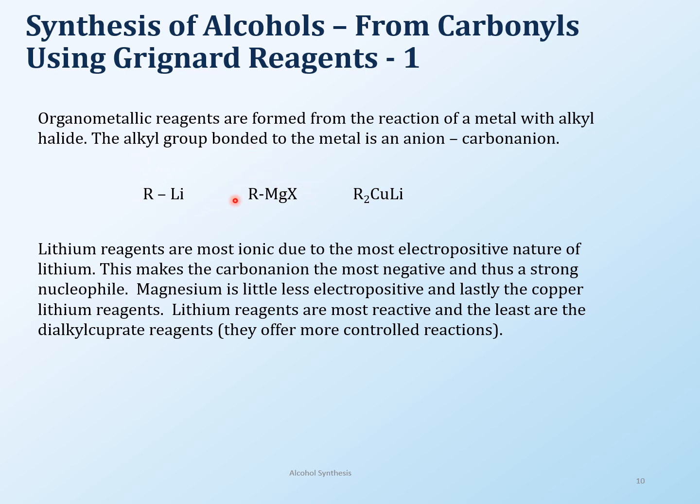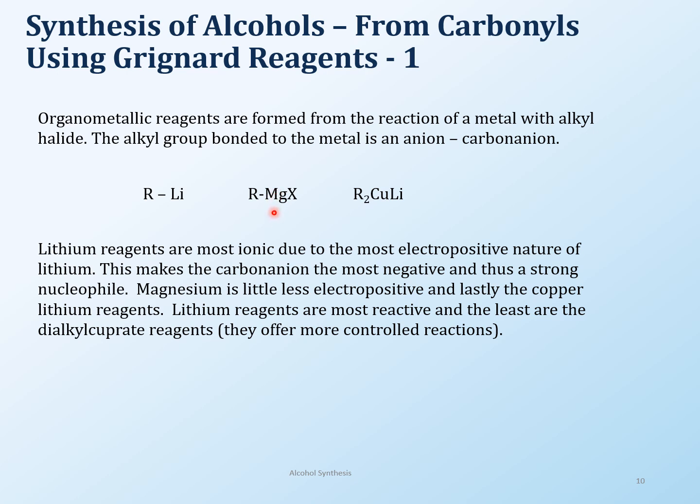Then the other kind of reagents is the Grignard reagent, the RMgX. The X is there because Mg is 2 positive. So if it's 2 positive, it needs two negatives to go with it: the halide and then the R group. Now we're going from group 1 to group 2. Lithium is in group 1 and magnesium is in group 2, the alkaline earth metal.